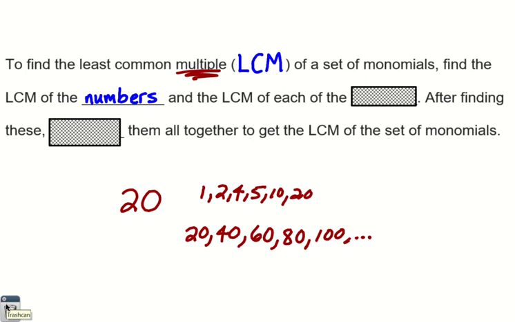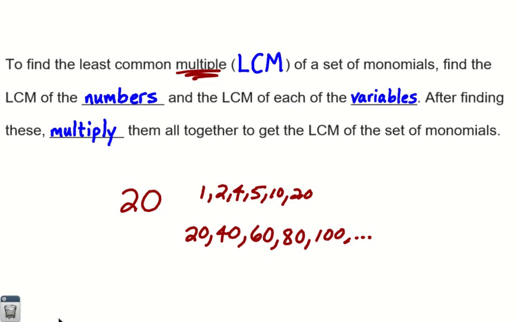We find the LCM of just the numbers, and then we find the LCM of each of the variables, and then we multiply them all together. Just like with GCF. Except with GCF, we're looking at the biggest factor that all the monomials have in common. Here, we're looking for the smallest multiple that all the monomials have in common.